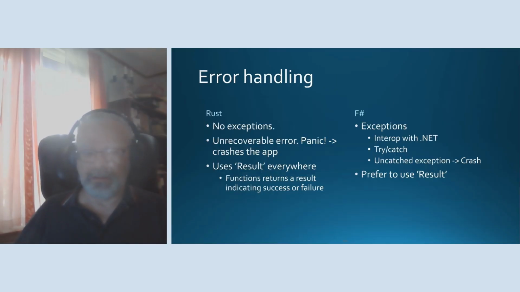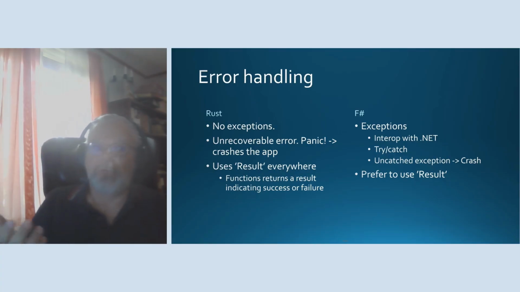Another thing is error handling. In Rust, there are no exceptions. There is one unrecoverable error, kind of an exception, that is panic. If that happens, we crash. We can't recover from this error.